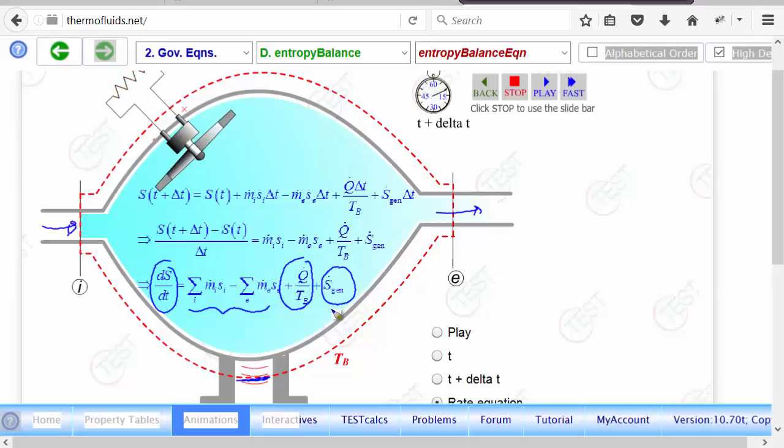That is the term that must be greater than or equal to 0, which means there can be friction within the system. And a lot of the time, our goal would be to find that friction. We can do that by finding the other terms in the equation and using the rate equation. So we'll solve a number of problems using this equation, and the meaning of this equation will become clearer as we solve more problems.